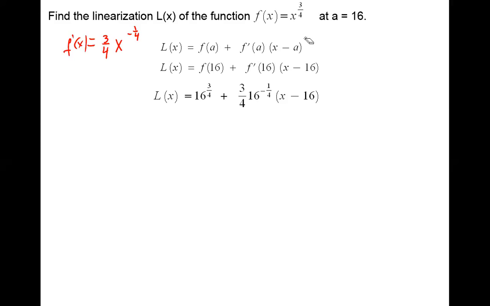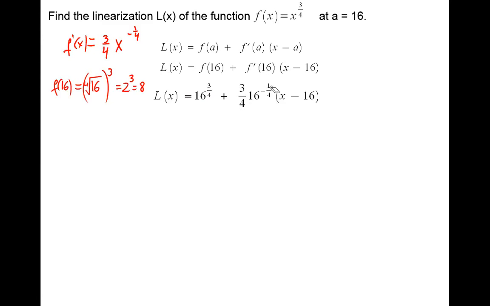Now we have to figure out the value of 16 to the power of 3/4. The denominator in the exponent tells me what root to take, which is the 4th root, and the 3 means I have to take it to the power of 3. The 4th root of 16 is 2. 2 cubed is 8. Okay, I'm done with this.